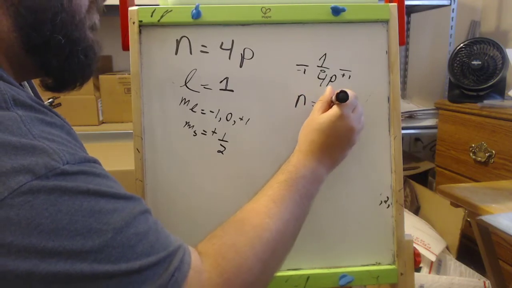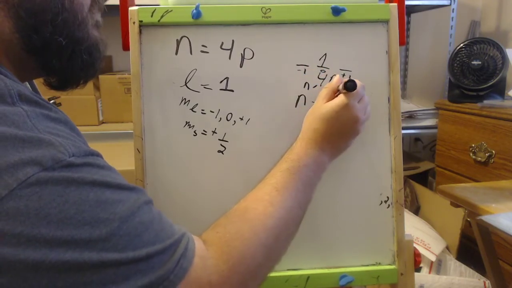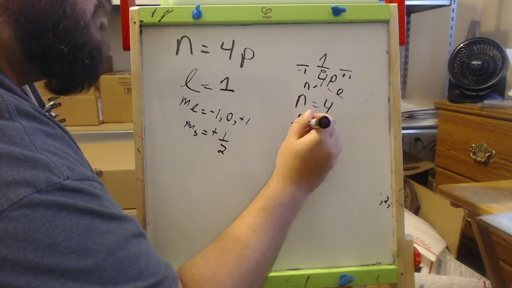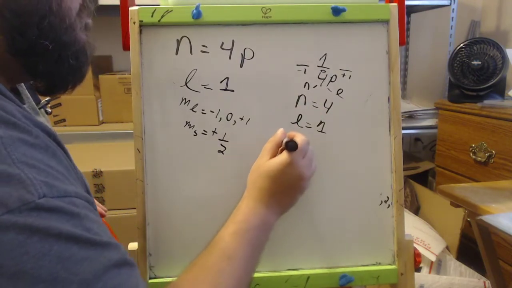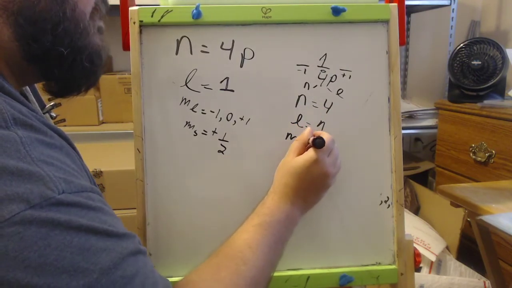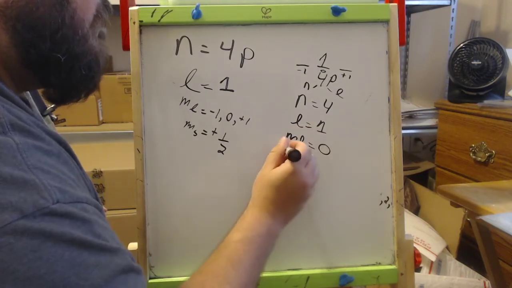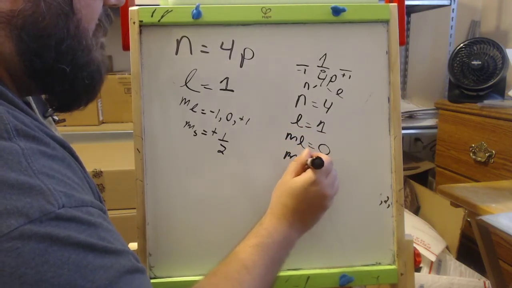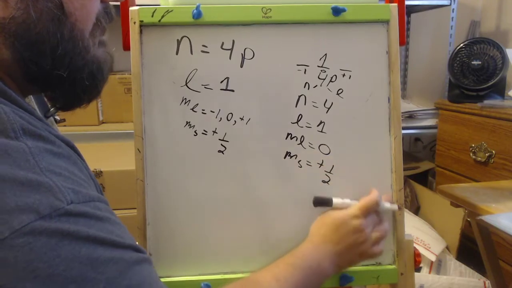N equals 4, because here's my n value. Here's my L value. L is 1 because it's P. My m sub L, now we're talking about a specific electron, is 0. And the m sub s, whatever you want, plus or minus a half.